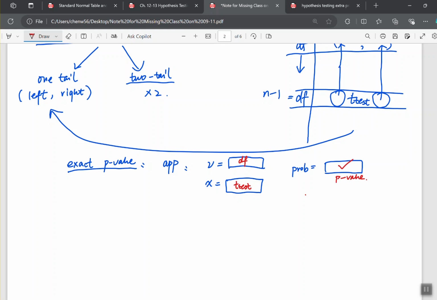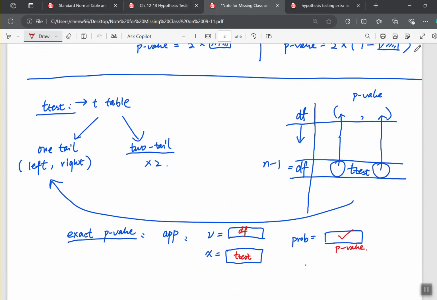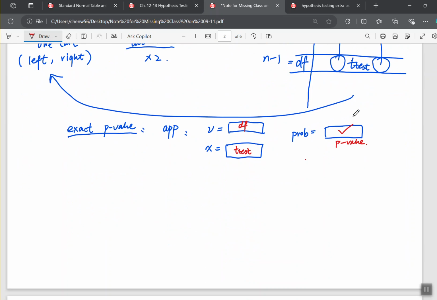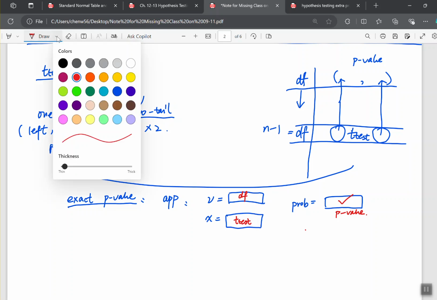In your MyStatLab homework, it is necessary to get the exact p-value, but we know that from the t-table we can only get the range of the p-value, which cannot be the answer. So here I give you another option, but of course I need you to practice this process so that you know how to do it in the exam.